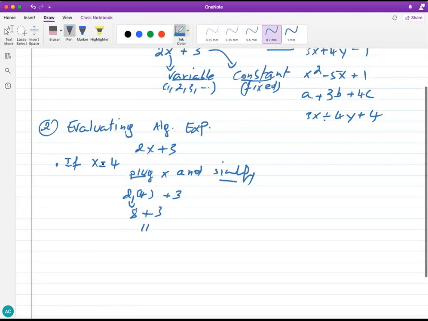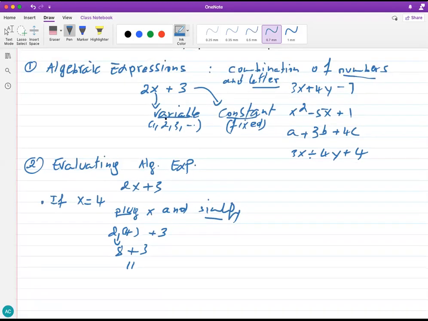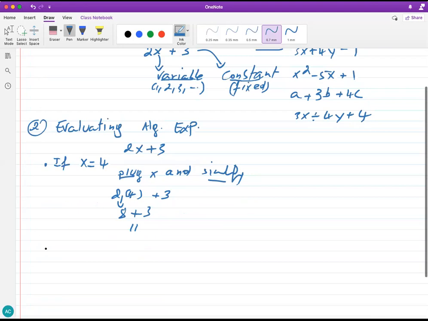If x is some other value, this value will change. So this varies. The value of x can vary. That's why it's called a variable. It's not a constant. It's a variable because its value changes or varies. Let's see what happens now if it's a different value. This time maybe x is 1.